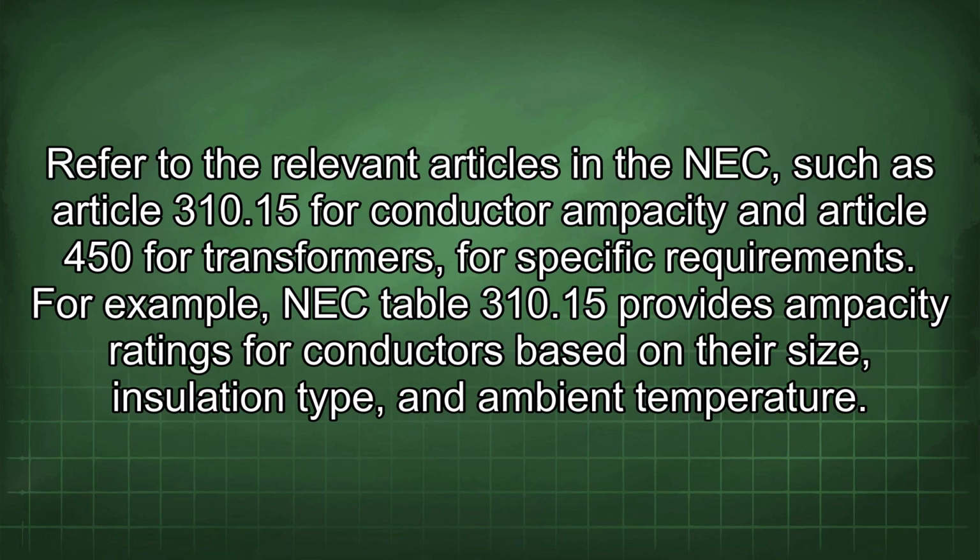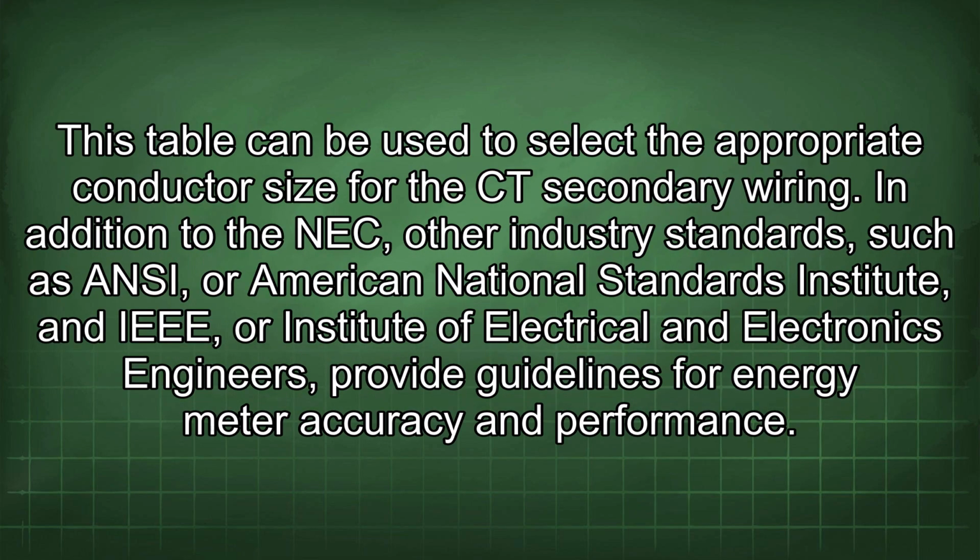Refer to the relevant articles in the NEC, such as Article 310.15 for conductor ampacity and Article 450 for transformers, for specific requirements. For example, NEC Table 310.15 provides ampacity ratings for conductors based on their size, insulation type, and ambient temperature. This table can be used to select the appropriate conductor size for the CT secondary wiring.